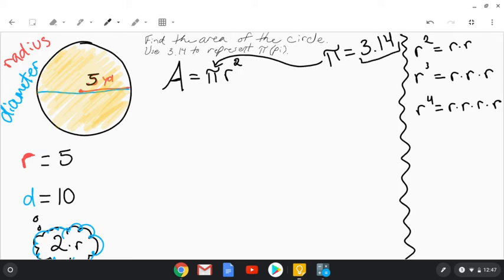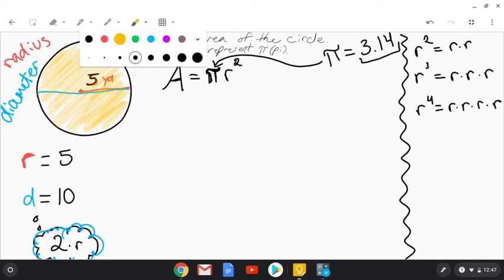And so we're going to replace this funny little symbol that means pi. Instead of using that funny symbol, we're going to actually use the number 3.14. So you'll see that in your directions, it even reminded you to use 3.14 to represent pi, or to stand in for pi, okay? So I'm going to color code a couple of things.